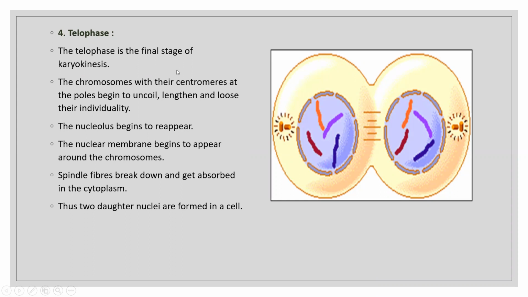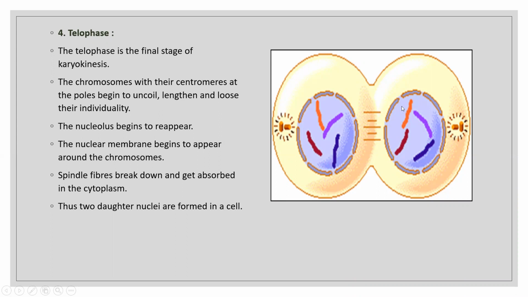Hence, at the end of telophase, two daughter nuclei are formed. You can see this is one daughter nucleus, and this is the other daughter nucleus.